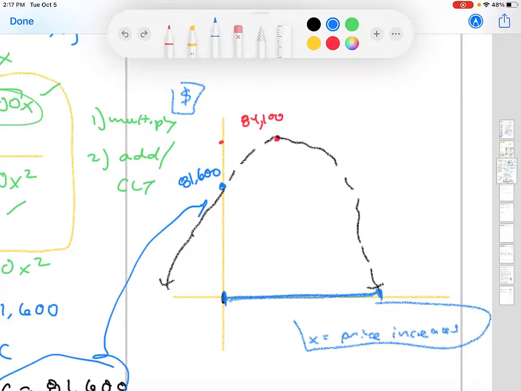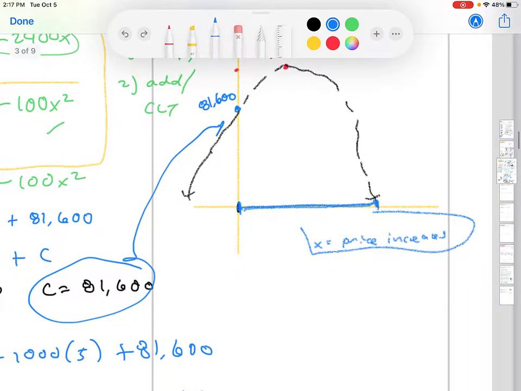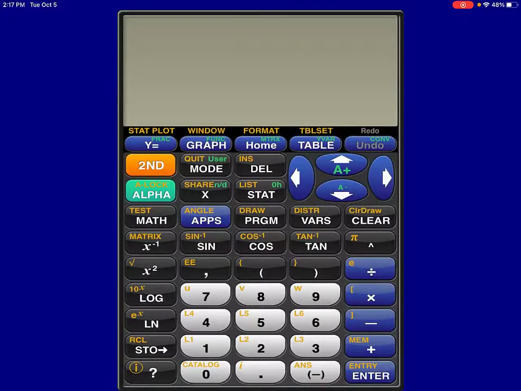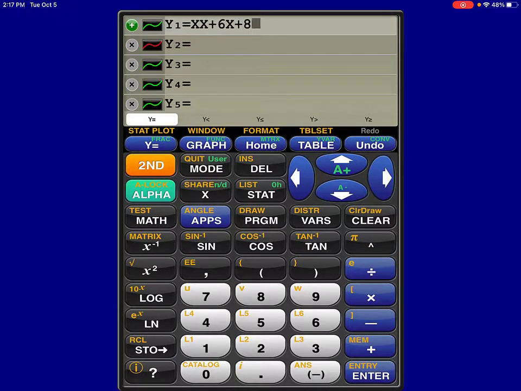So to get that number, it's okay if you don't do this part. To help you explain why we don't have that number, I'm going to put in that formula. Negative 100 x squared plus 1,000 x plus 81,600.